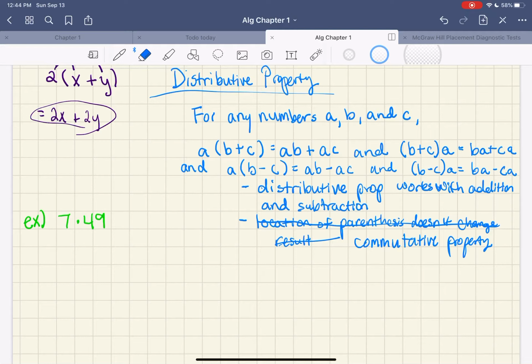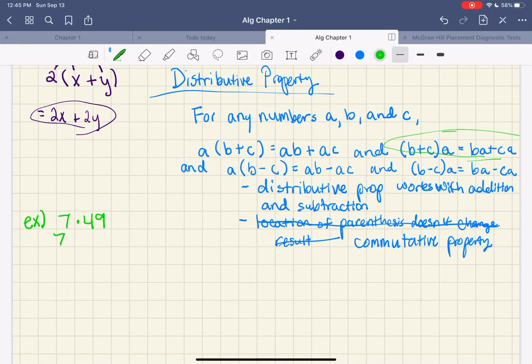If you are not as good at that and keeping track, we can use the distributive property and say that, okay, these things can go both directions. So if I have BA plus CA, I can turn that into B plus C times A. I'm going to say, all right, this is 7 times 49.